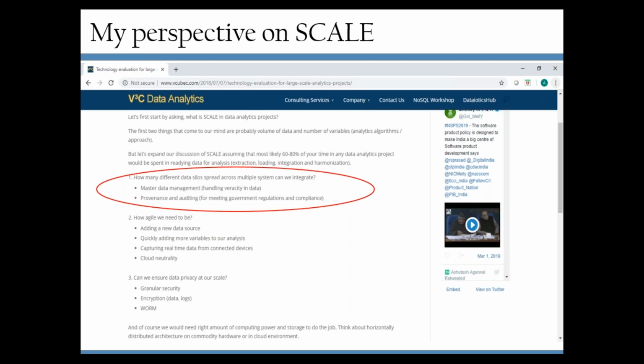Then there are government regulations and compliance. On the engineering side, you also have to think about whether the data is secure or not. With GDPR kinds of compliance, you will have to think about that as you are scaling your models. Then the second thing is how agile we need to be.